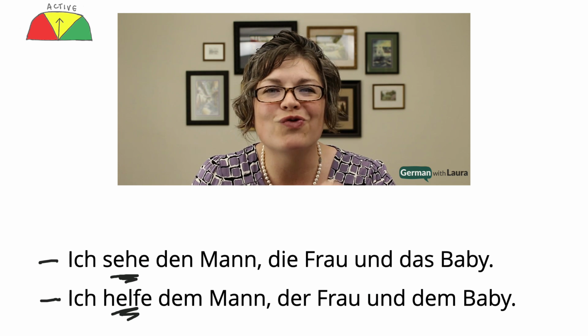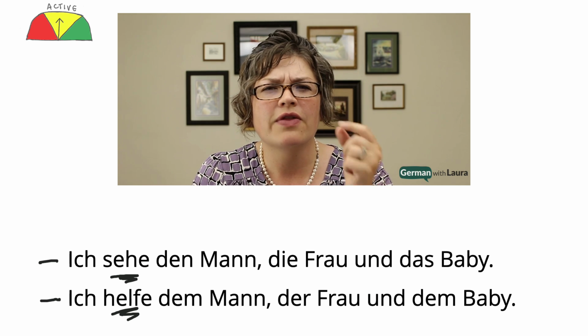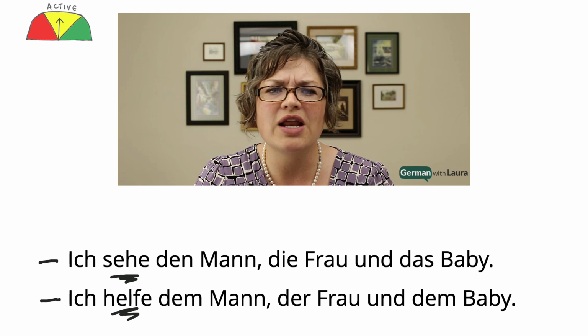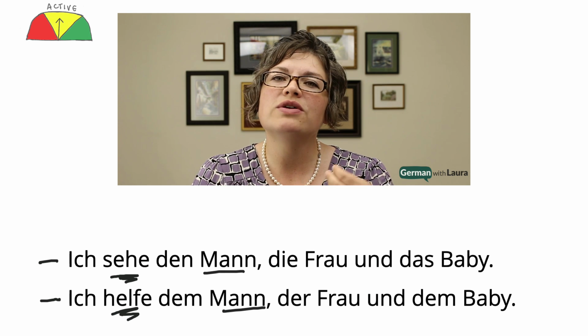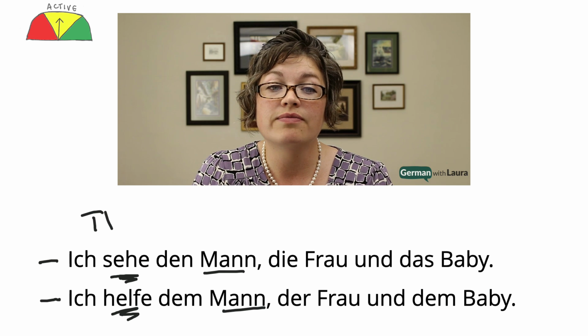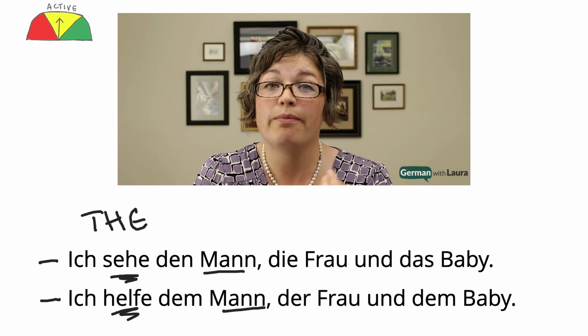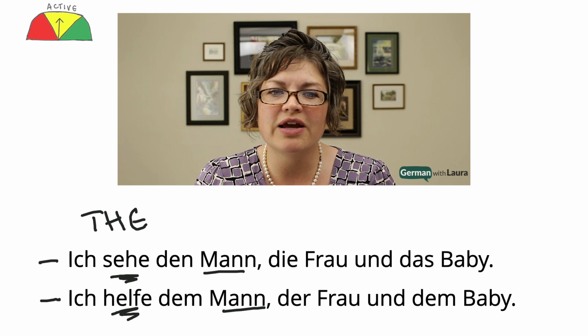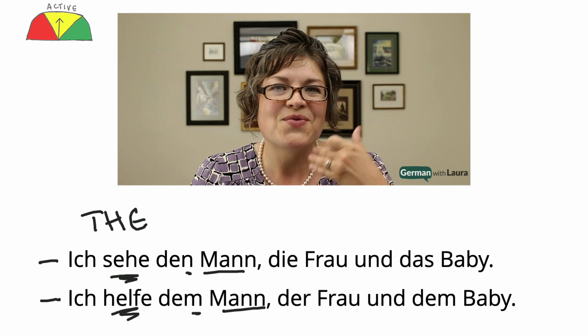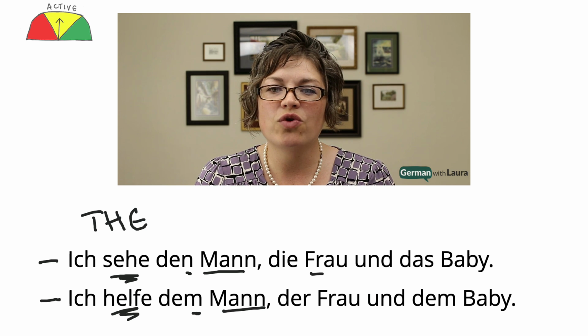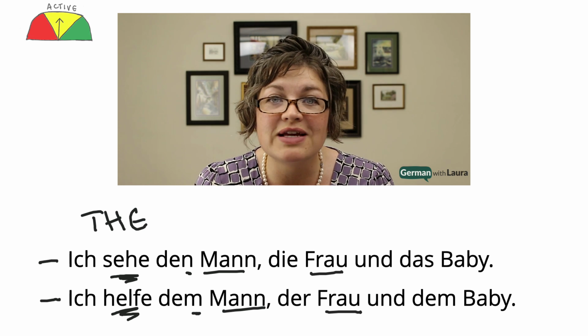But observe all of the additional changes that are happening in German. We have man in both sentences, but the way we're saying the word the in front of man is changing. Here it is den, and here it is dem. We have the same situation with the word Frau. It occurs in both sentences.